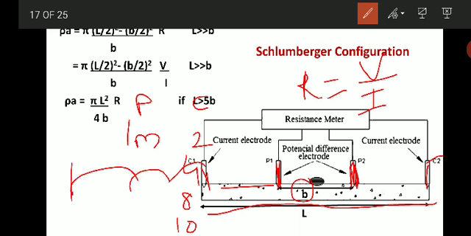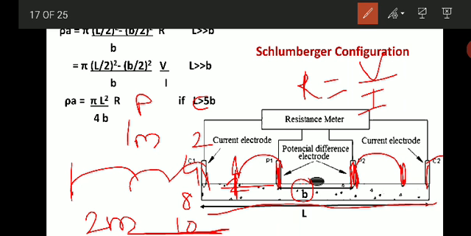Up to 10 meters we have gone. Then after 10, you have to shift the potential electrodes from 1 meter to 2 meters. So P1 and P2 will be moved to 2 meters for the next set of readings, that is 12, 14, 16, 18, like that.